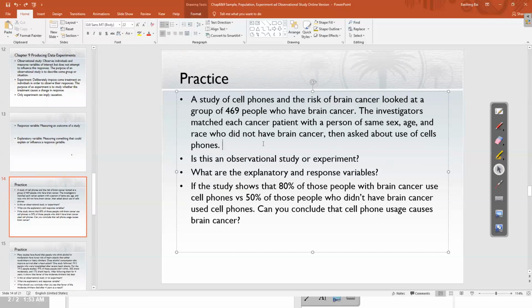So let's look at some practice. Take a study of cell phones and the risk of brain cancer. They look at a group of 469 people who have brain cancer, and the investigators matched each cancer patient with a person of the same sex, age, and race who did not have brain cancer, and asked them about the use of cell phones. So is this an observational study or an experiment?